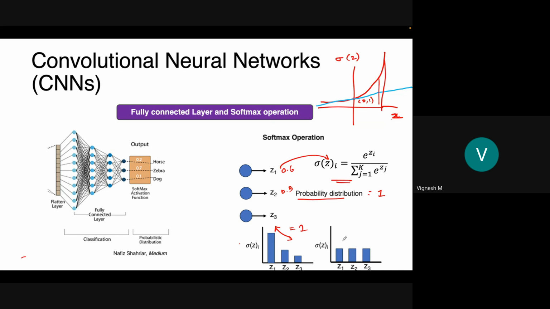Thereby your loss will depend upon how the sigma z is, because in these cases we use a cross entropy loss, right? We looked at it before. And that way we are able to understand what the network is trying to predict, whether it is siding towards one of them or it's not able to distinguish.